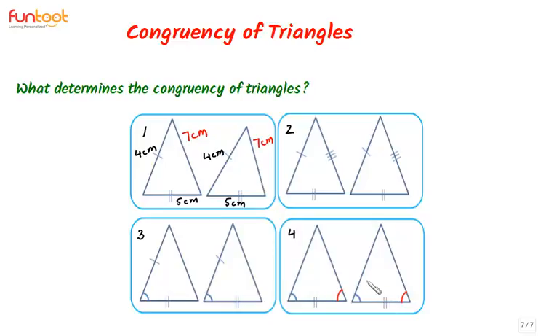When the students construct the two triangles with this data, they will find that the two triangles are congruent. That means two triangles perfectly cover each other. So, when we are given that two corresponding angles are equal and the included side is also equal, then we can know that the two triangles are congruent.